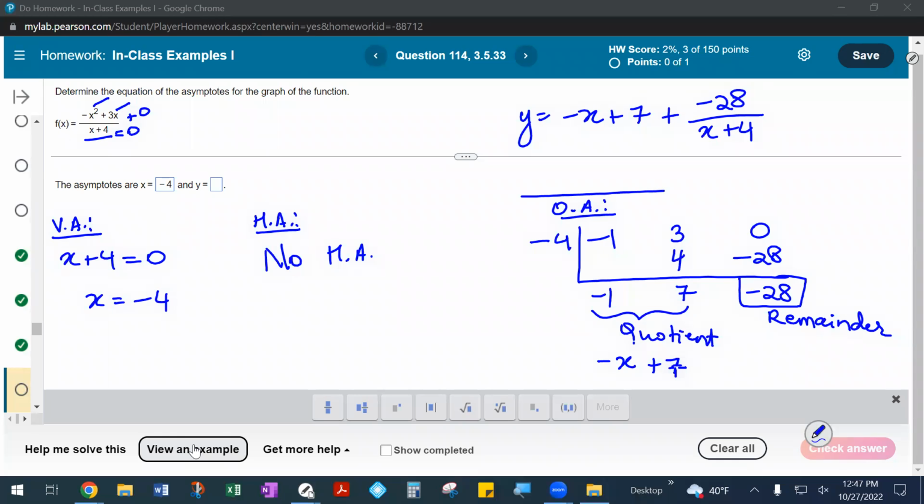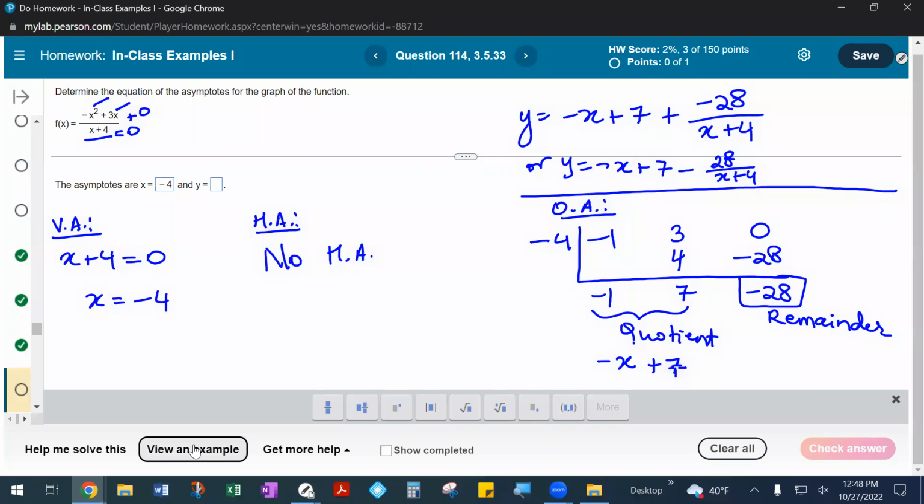Or you can write it as negative x plus 7 minus 28 over x plus 4. It doesn't ask for the remainder. So that's kind of where I was getting confused, because I was thinking you should only have the quotient. I was putting in the remainder and it kept saying it was wrong. And then the answer just came out to negative x plus 7, or y equals negative x plus 7.